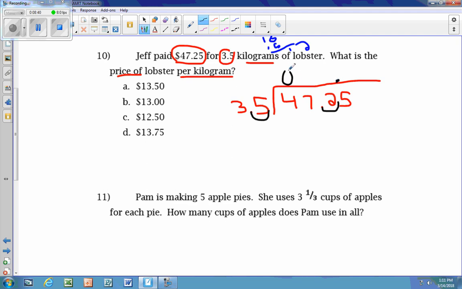35 goes into 4 0 times, but it goes into 47 one time, which makes 35. Now we want to see how many times this goes in. So we're going to say it goes in 3 times.